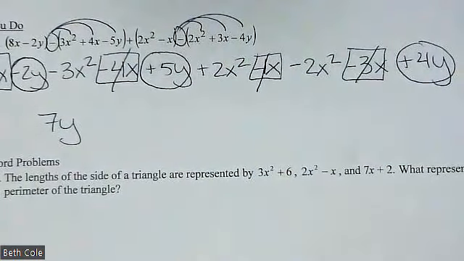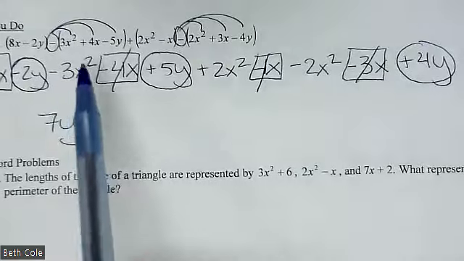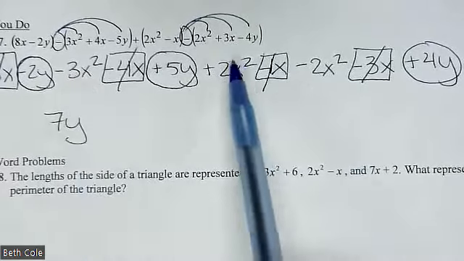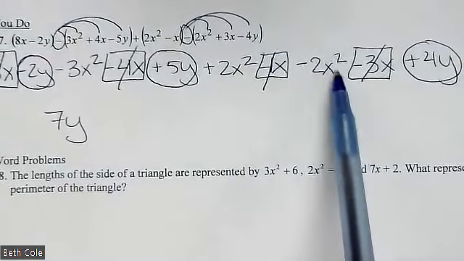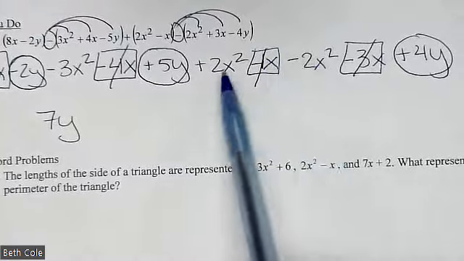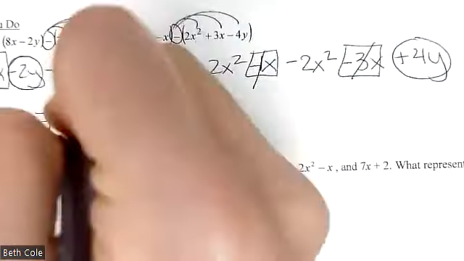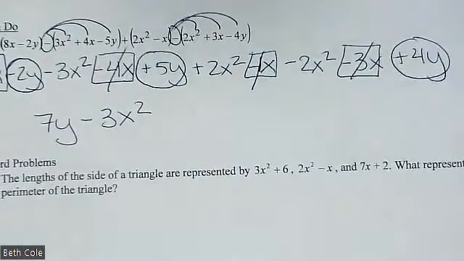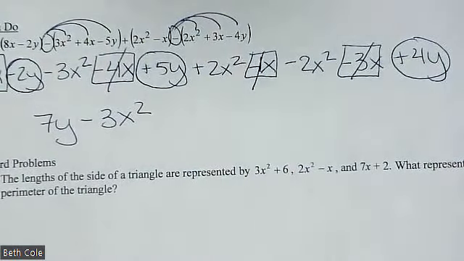And then everything I didn't circle or box in, those are all the same, right? They're all x squareds. So you have -3 plus 2 minus 2. So these will cancel out. So it's just -3x squared, and that's your final answer. So you took something that was that long and simplified it down. That's kind of the whole point, okay?